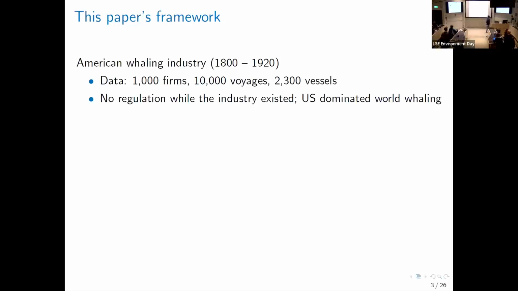The data contains information about around 1,000 firms, 10,000 voyages, and 2,300 vessels. So it covers nearly all American whaling voyages. Importantly, there was no regulation in this period, and also American whalers dominated the world whaling markets.